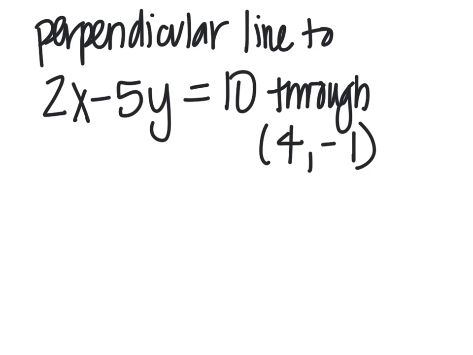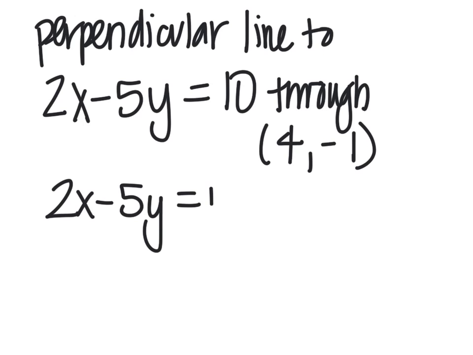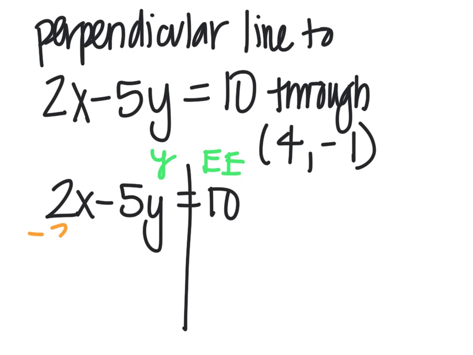And lastly, we need to write the equation of the line perpendicular to 2x minus 5y equals 10 and through the point 4, negative 1. So first things first, we need to solve this equation for y because we've got to figure out what the slope of this line is right now. So we need y's on one side and everything else on the other. So to get y by itself, we're going to minus 2x from both sides.